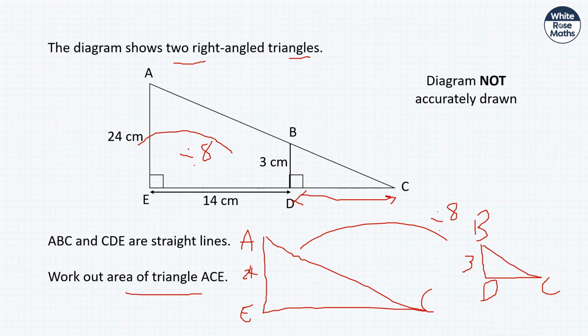So it'll be 24 plus 3, which is 27, divided by 2, that would be 13.5. And then you times that by 14. So what do I get here? Sorry, guys, I think I made a little mistake here.